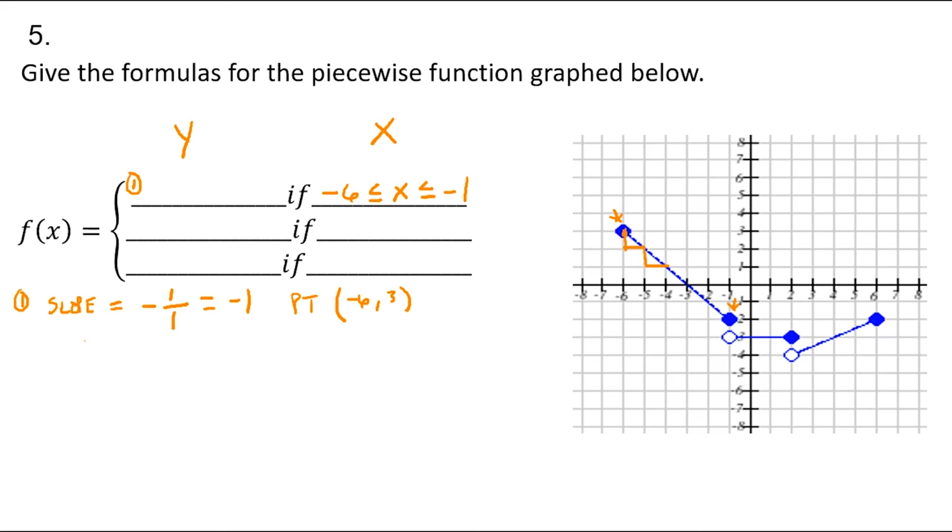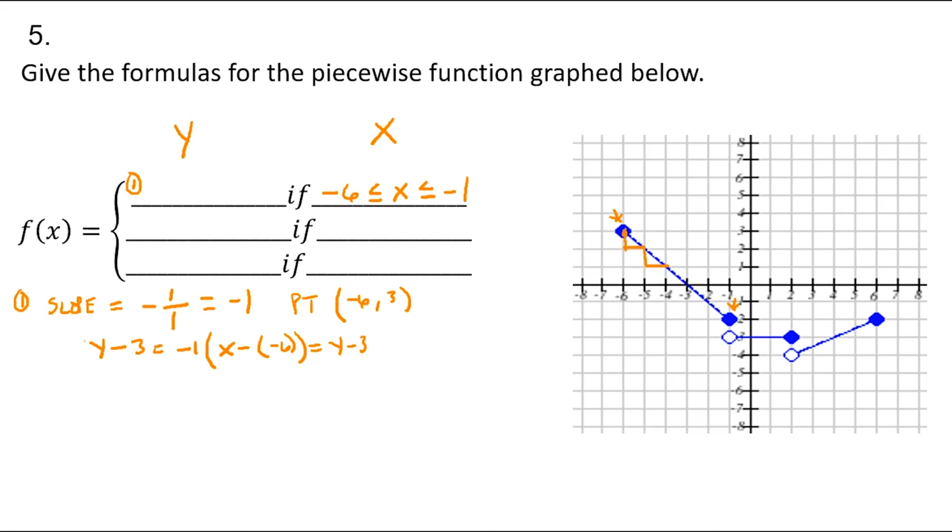So when I set this up in point slope form, I get y minus 3 equal to -1 times x minus a -6.